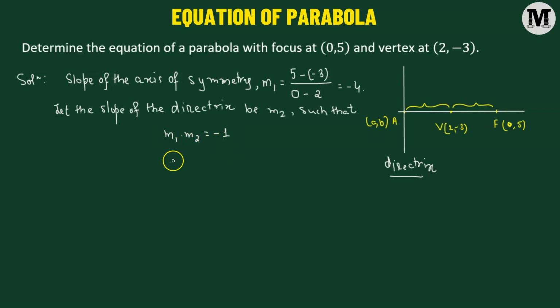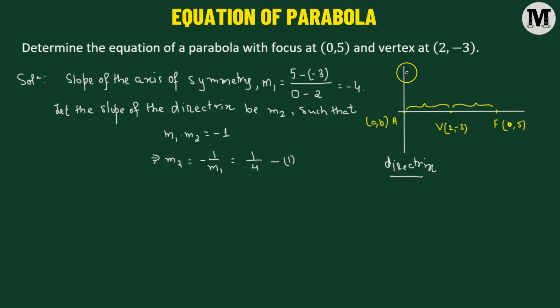That's a definition of perpendicular straight lines. We want the slope of the directrix line, which is M2. That will simply be the negative reciprocal of M1, and we have already obtained M1, which is -4. So our slope value comes out to be +1/4. This is going to be the slope of the directrix line, so let's keep it aside for the time being.